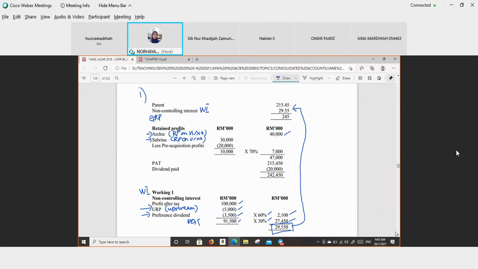Why? Because when is the acquisition? The one that came in, we take, right? Why do we take this? Because the acquisition is 1 January X2. So there is pre and post here. So you take the opening retained profit for 1st January X4, and then you minus the pre part.